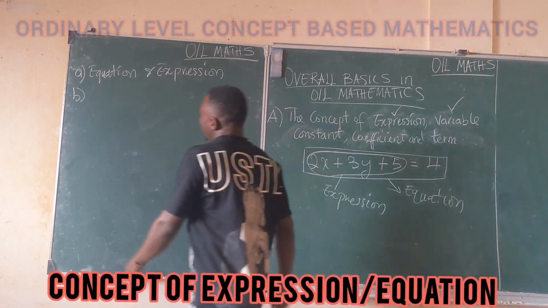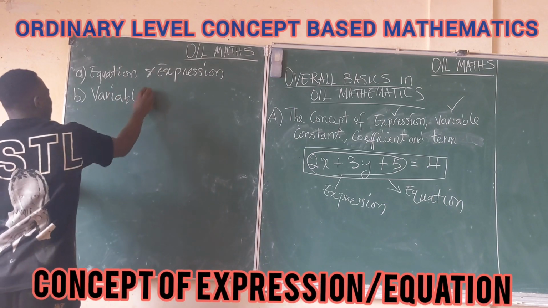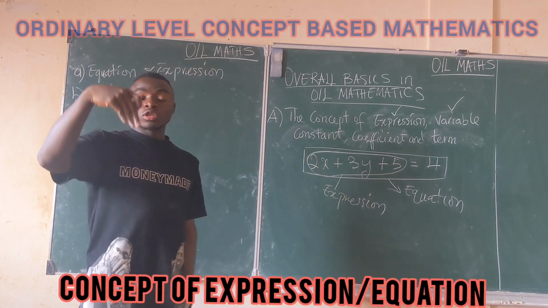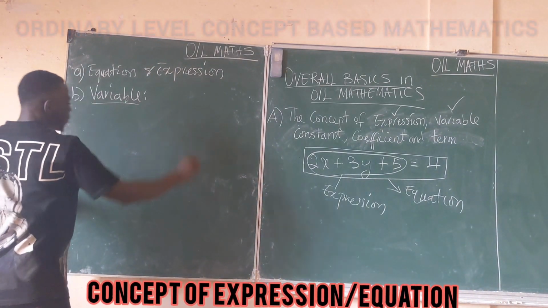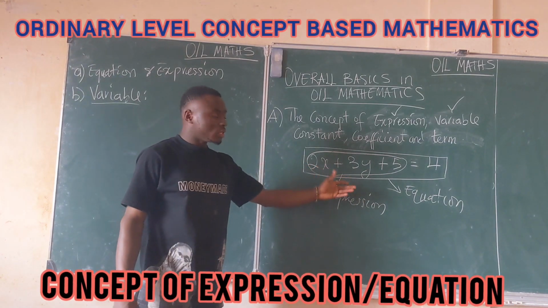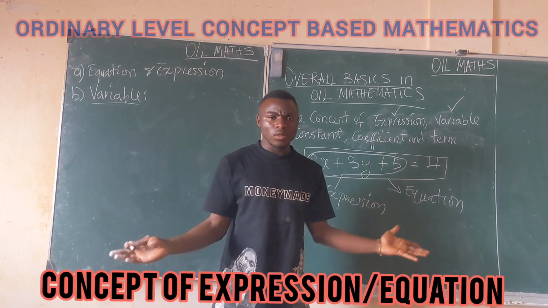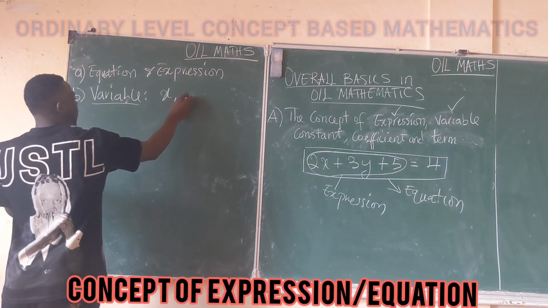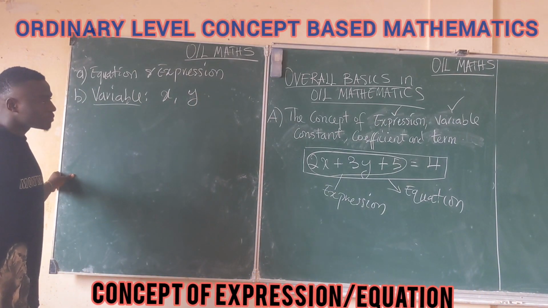The second thing we are going to look at is the variable. What do we mean by variable? Variables are simply letters of the alphabet which we use to denote things. The variables here are x and y, letters of the alphabet from A right to Z as well. So we have x and y as the variables in that equation.